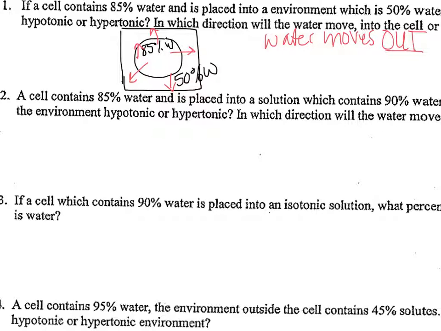All right. The second thing we need to do is look at the solute concentration. And we know that if water is high inside the cell, that means my solute is going to be low. And if water is low in the solution, I know that my solute has to be high. Once again, if we describe hypertonic and hypotonic solutions, which are osmotic solutions, we look at the concentration of solute.